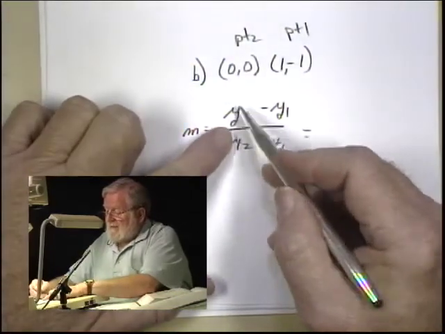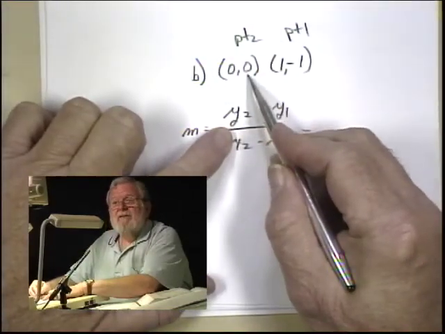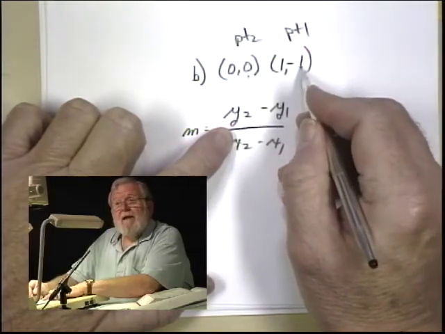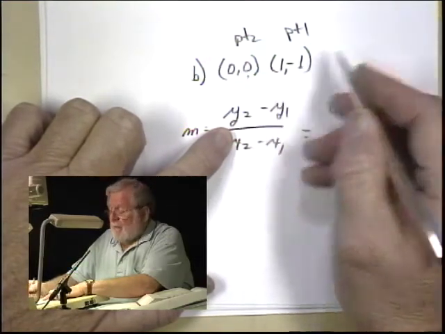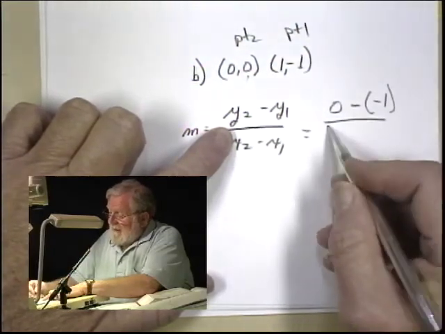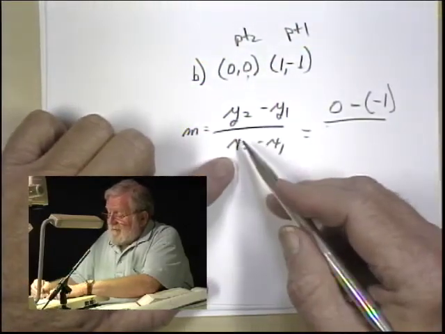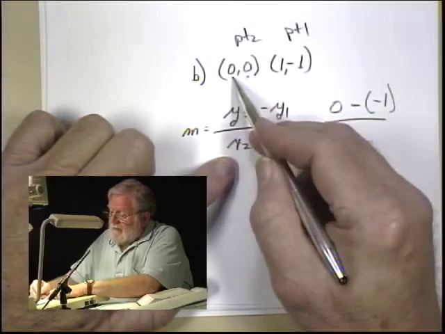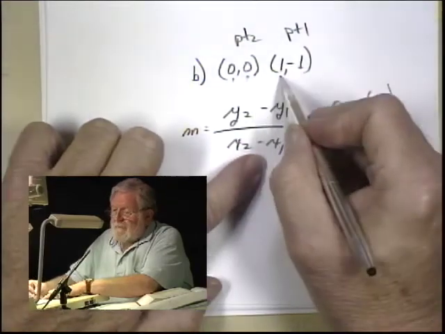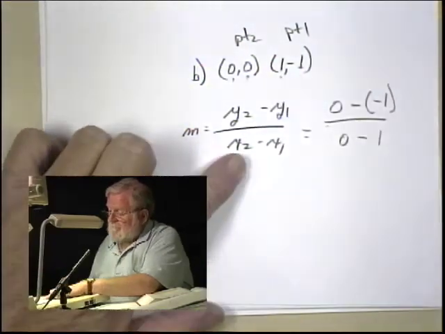So our y from point 2 is 0, minus our y from point 1, which is 1 minus a -1, divided by x from point 2, which is 0, minus x from point 1, which is 1.